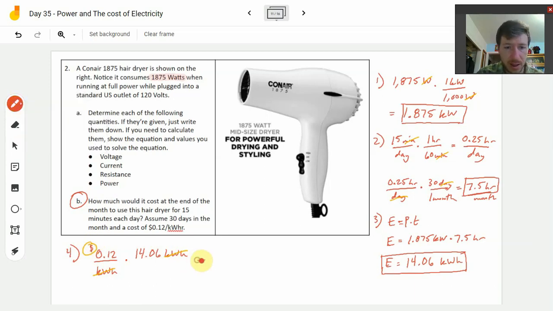If we calculate that out, that ends up being about $1.69. That being the final answer as to how much it actually costs to use. So, not a crazy amount of money, but it's still something. It all adds up.